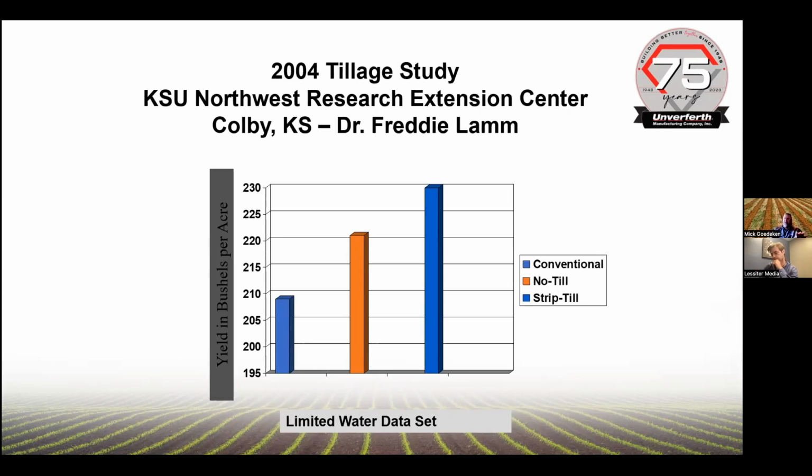There's no doubt in my mind that no-till is a good way to save water. Strip-till allows for some of those compaction layers to be taken out and more water infiltration. And I think this data set actually shows that quite well, where we see the strip-till having the highest yield, the no-till the second highest yield, and the conventional tillage certainly the least amount of yield.